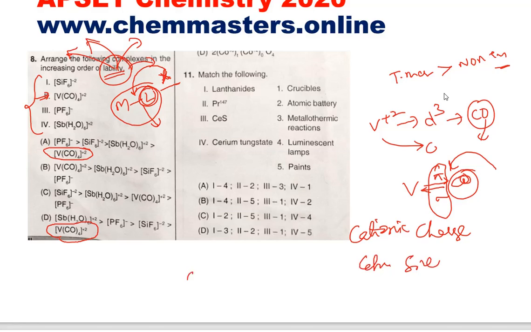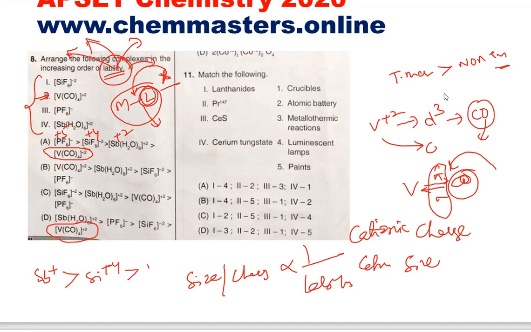Charge and size are inversely related with lability. Here the oxidation state on phosphorus is plus 5, silicon is plus 4, and antimony is in plus 2 oxidation state. So the order must be: antimony plus 2 is the most labile, followed by silicon plus 4, followed by phosphorus plus 5, followed by the vanadium complex.